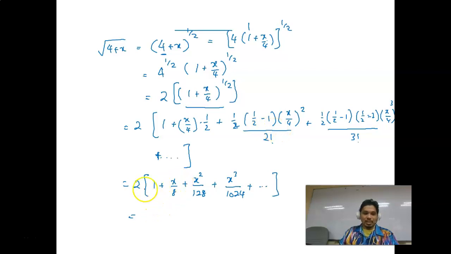And this one here now, 2 times every single term that we have in the bracket, then we get 2 plus x over 4 plus with x squared over 64 plus with x cubed divided by 512 and so on.